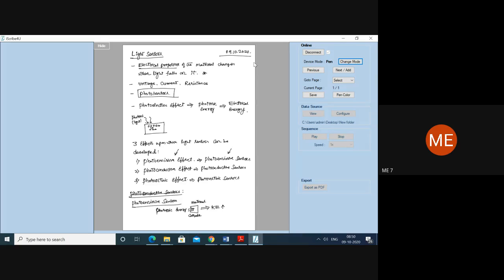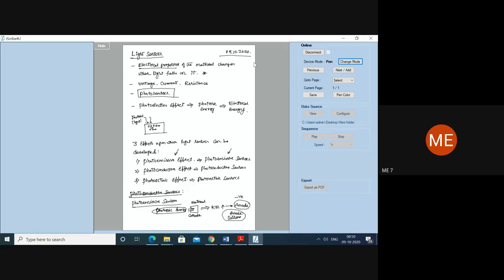These electrons liberated from the cathode move towards the anode, resulting in the anode current. The amount of anode current depends upon the amount of photonic energy present. In this case, we have two different types of photoemissive sensors.